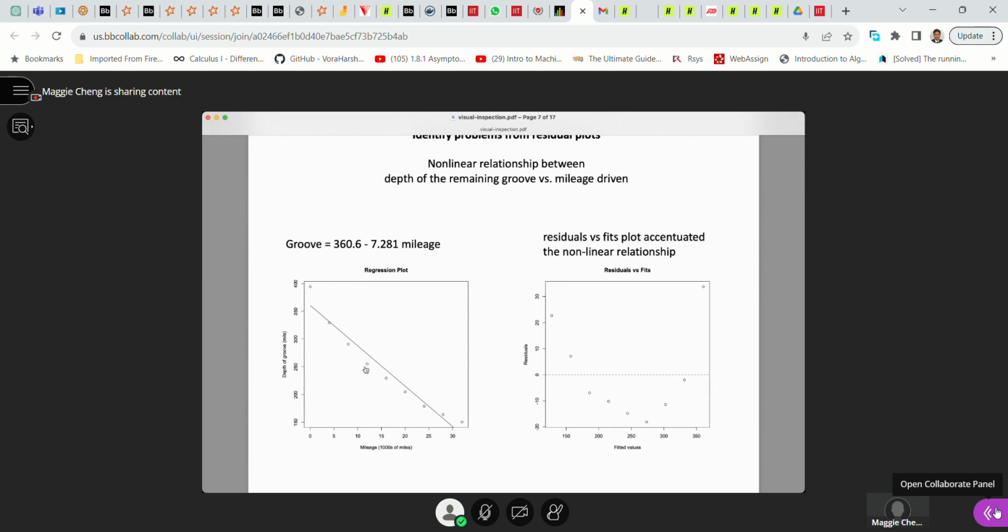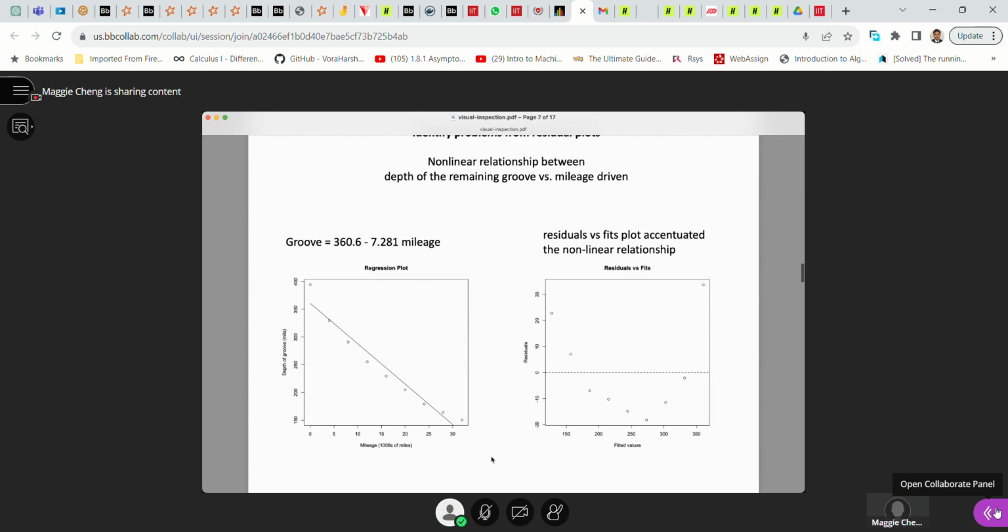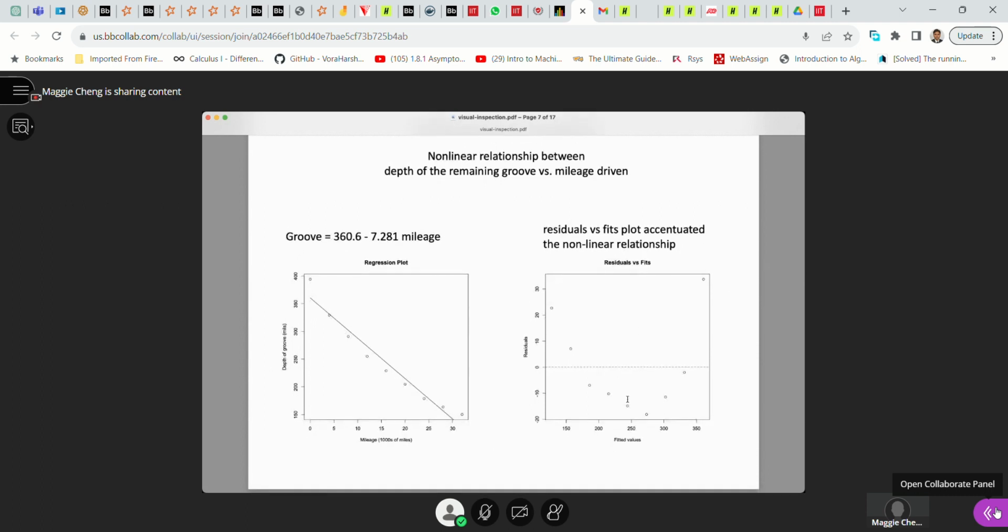You just look at the plot on the left, you probably are happy with that. But if you plot the residual versus the fit, this is e_i versus y_i hat on the right, what do you see? They are not randomly distributed around the horizontal line. You see a curve. That's a second order curve.